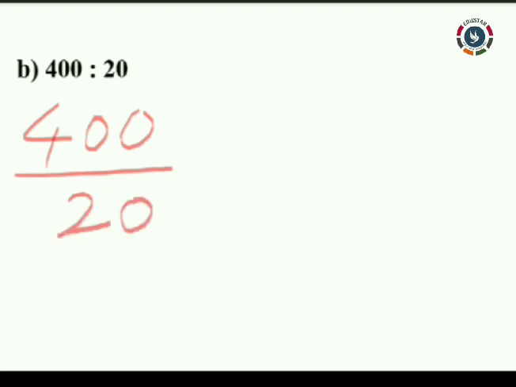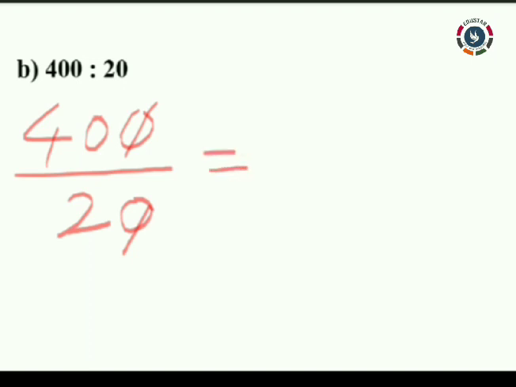Let's see one more example for ratio to fraction. 400 is to 20. How will you write a fraction for this? 400 is your numerator and 20 is your denominator. So you have to write 400 divided by 20. Now you can cancel this 0 and 0.